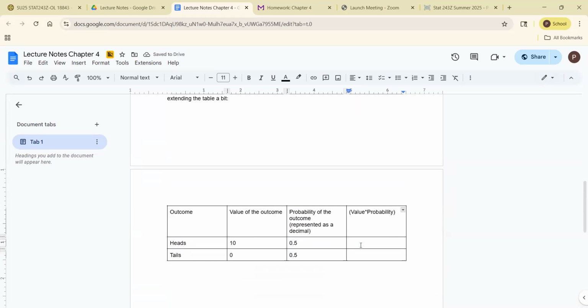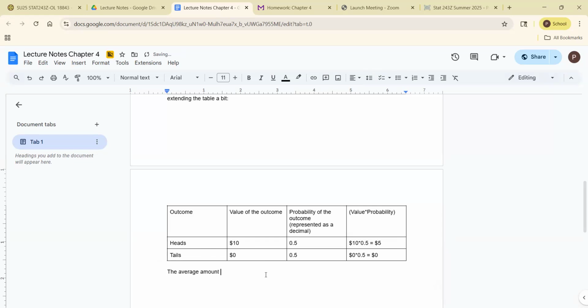The value, if you land on heads, is 10. The probability is 0.5. And the value times the probability there is $5. I'm going to put dollar signs in to help keep track. And the value times the probability of landing on tails is $0 times 0.5, which is still $0.